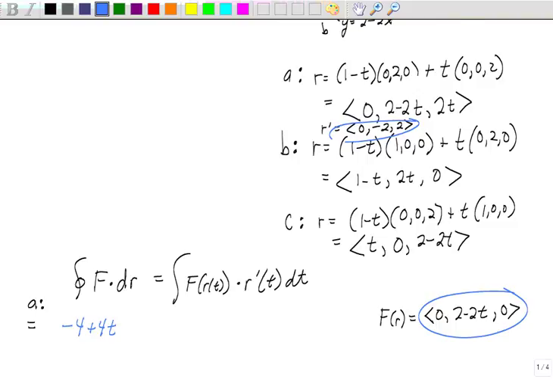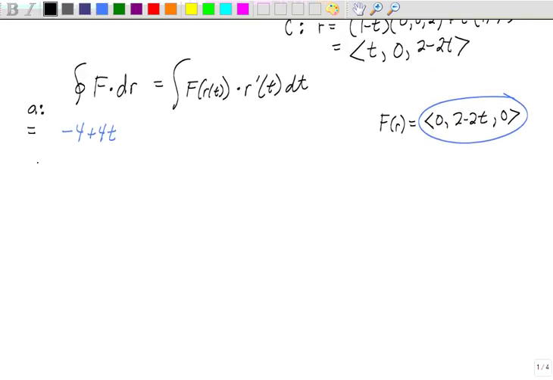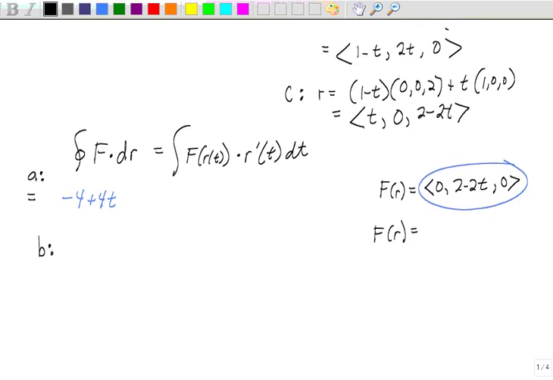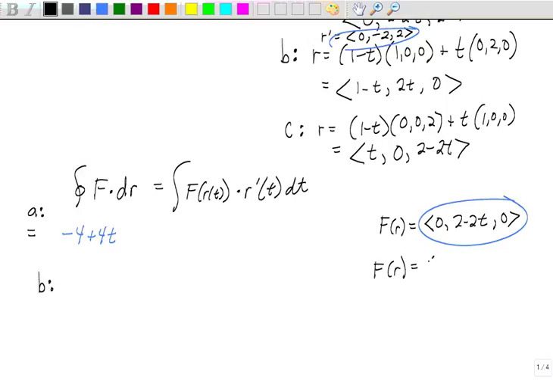Okay, for B, f of r is x, just 1 minus t, y, and multiply them all together, x, y, z, and r prime is minus 1, 2, 0.